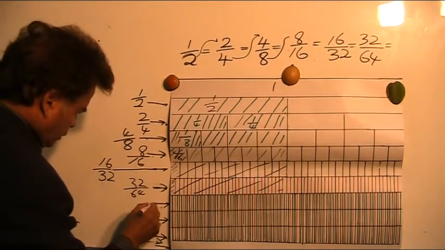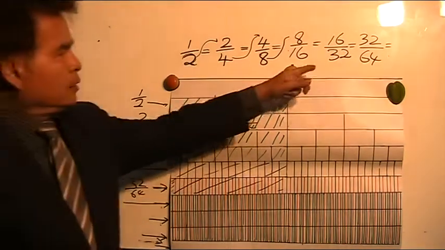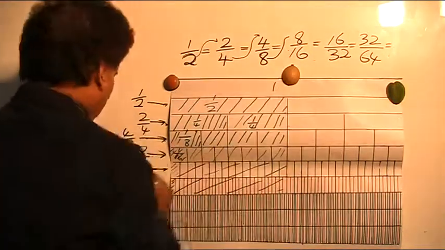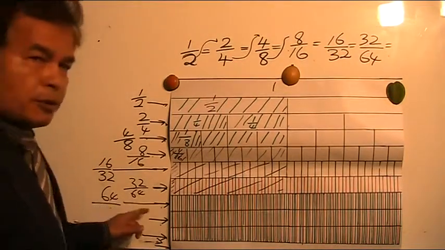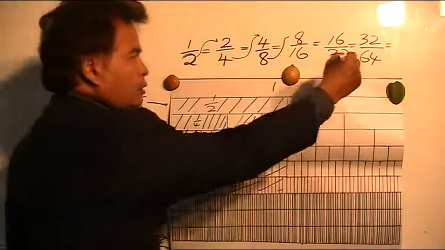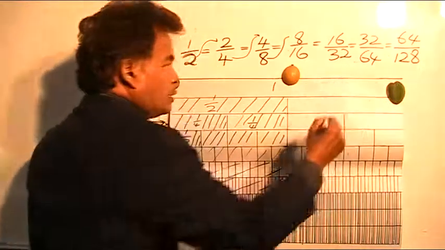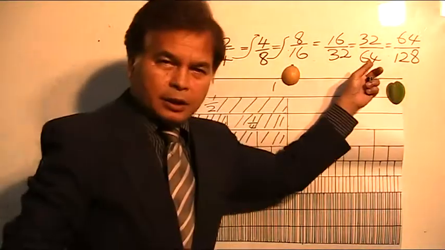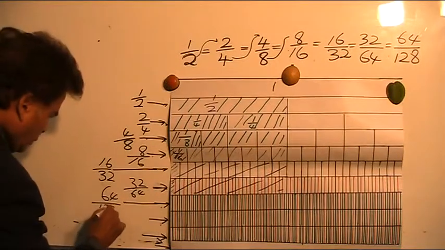And here, again, the denominator, right? 64 over, instead of 64 becomes what? 64 over 128, because 64 times by 2 becomes 128, so 128.